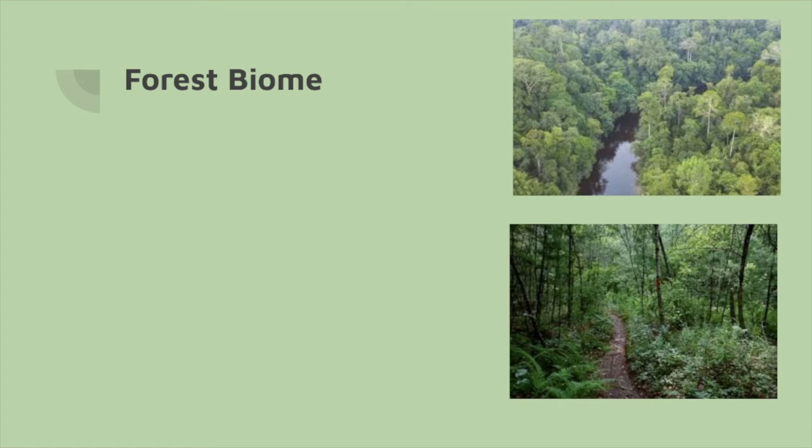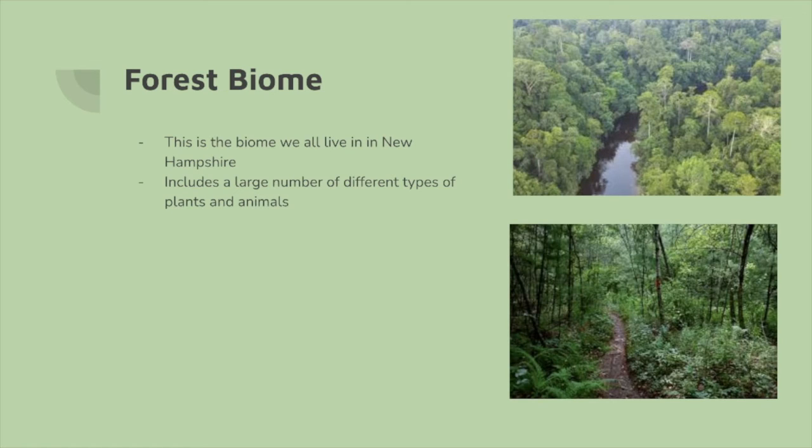So all of those biomes are super interesting, but because here in New Hampshire we live in the forest biome, we're going to focus in on that one. It includes a large number of different types of plants and animals, but is mostly characterized by the large amounts of trees you see.